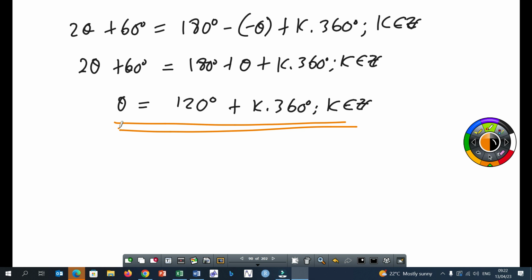So if you want to test if this general solution is correct, let's say you put k equal to 0 here. When k is 0, theta will be 120.